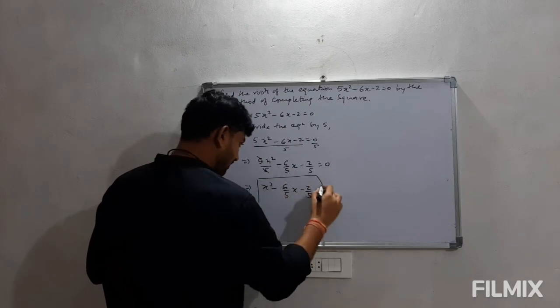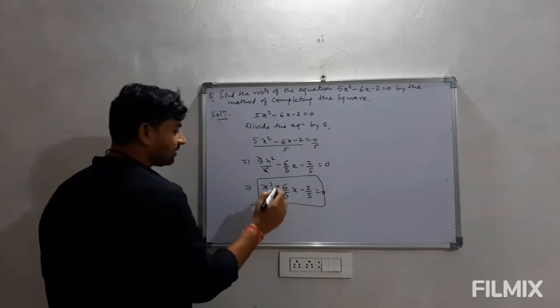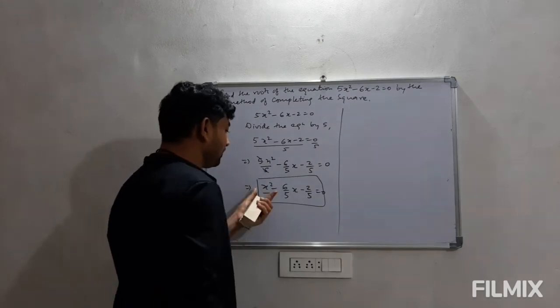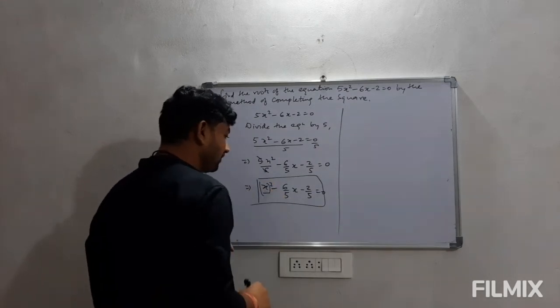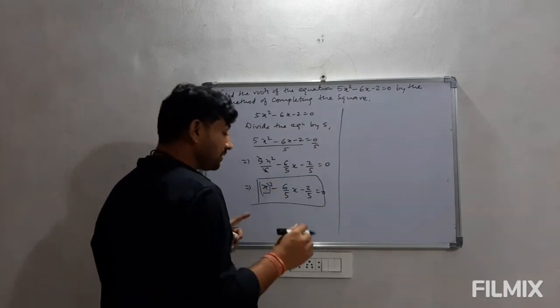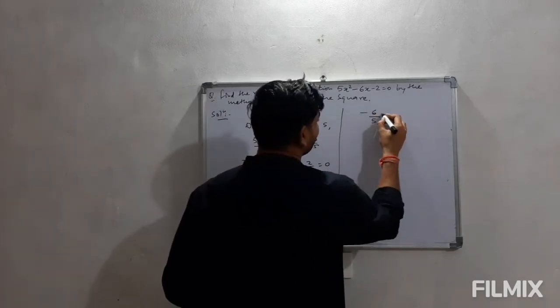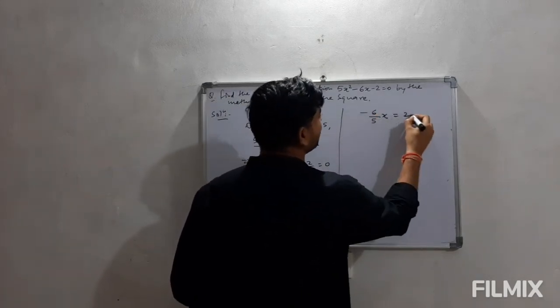Now here we can see the first term is with us, that is x. This will be used as it is as the first term in that perfect square. Now we will consider minus 6 upon 5x as 2xy.